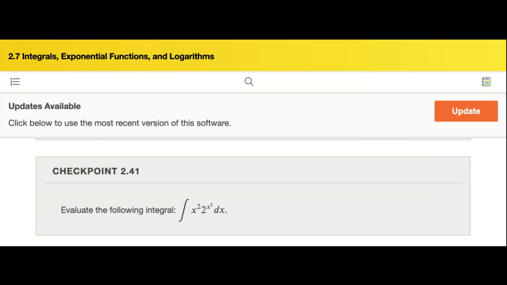Okay, let me write it for you. So 1/3 of ln of 2. So ln takes the value of 2, then the 2 raised to x cubed. Oh, this is difficult to write.